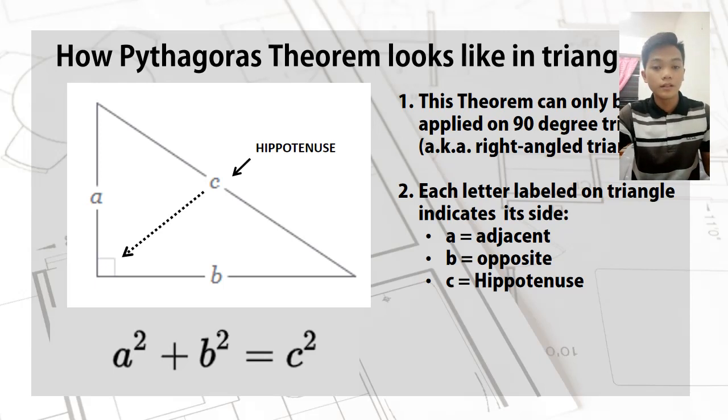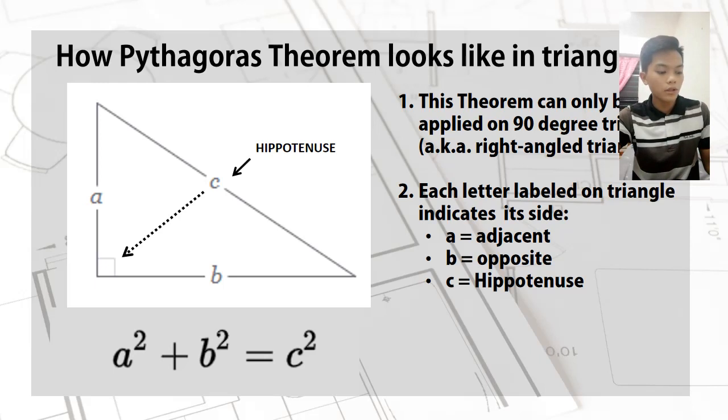A is nearby the 90-degree angle, along with side B, which is the opposite side, opposing the hypotenuse labeled as C. This indication allows us to know its side and its location. The formula used in this theorem is a squared plus b squared equals c squared.